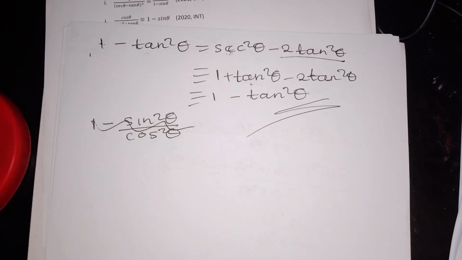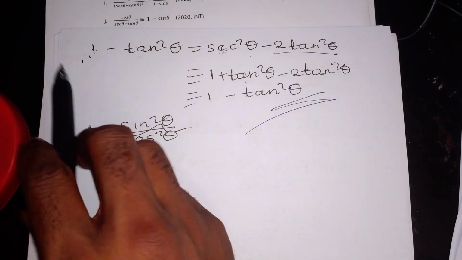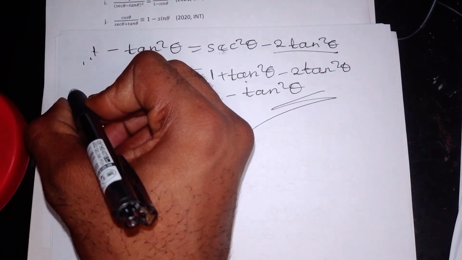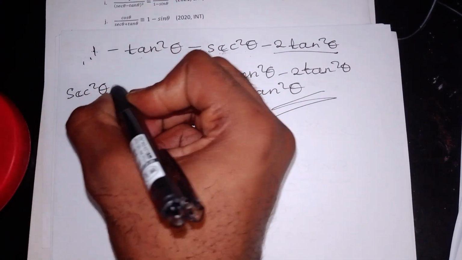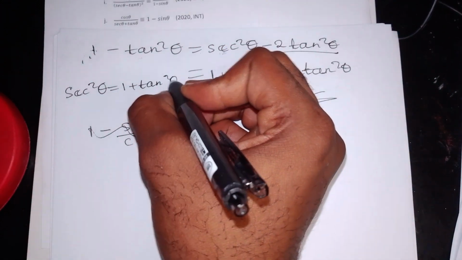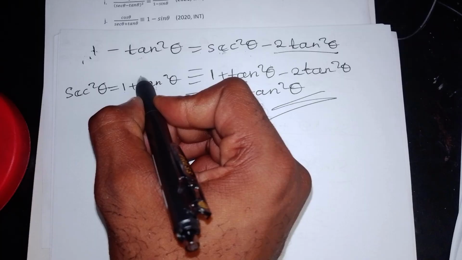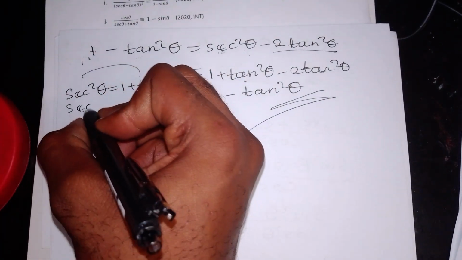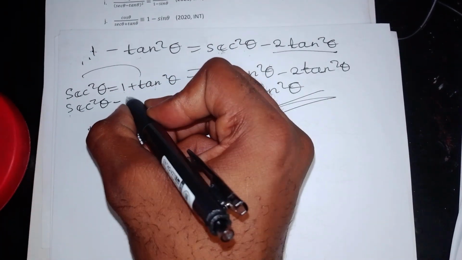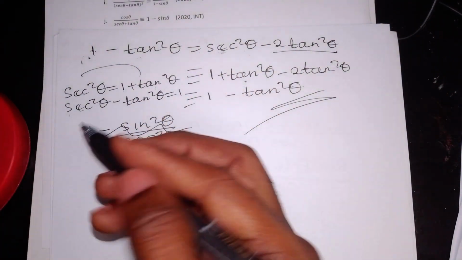Maybe I should change the sign using this identity: sec squared theta is equal to 1 plus tan squared theta. I can take this one to the other side and say sec squared theta minus tan squared theta is 1. So it's equally easy.